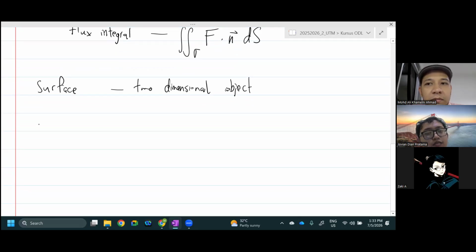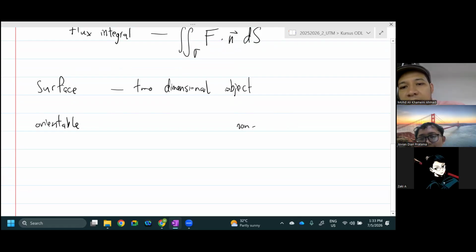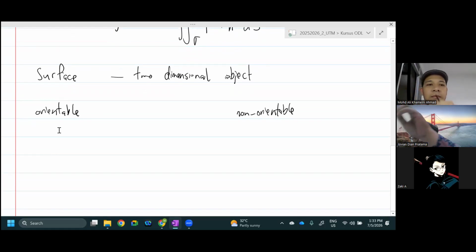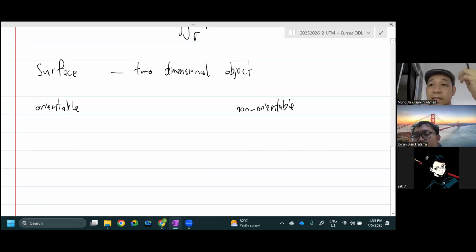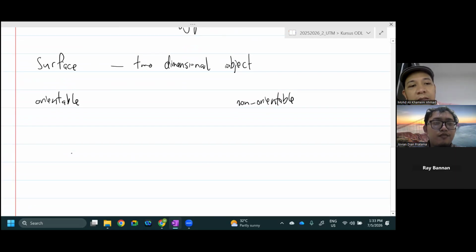Before we talk further on surfaces, there are two kinds of surface that we have. First is orientable, another is non-orientable. What does it mean by orientable? You have some orientation for the surface. Let me show you using an example, a plane.